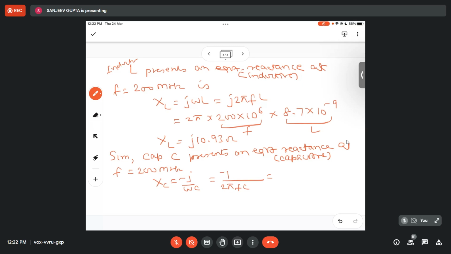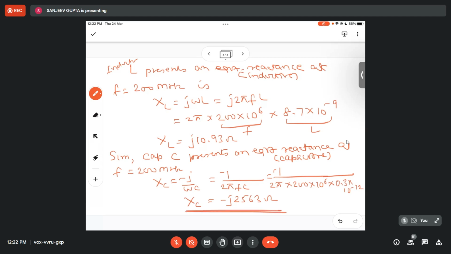You put in all those values, 1 by 2 pi into 200 into 10 to the power 6, and my C value, 0.3 into 10 to the power minus 12. So I will get the value of -j2563 ohms. Please note that it is a capacitive reactance, so it is always a negative value.